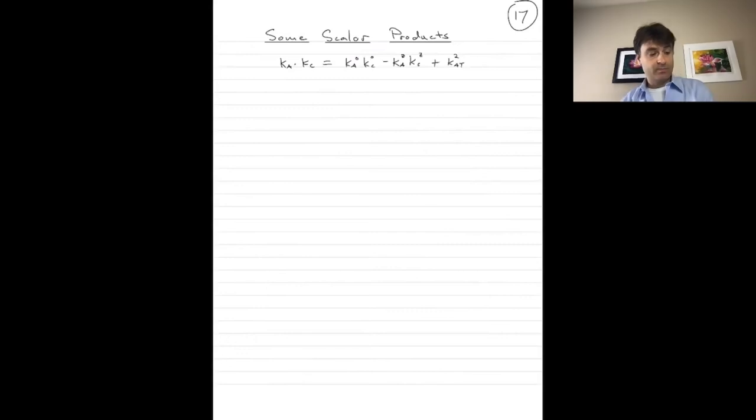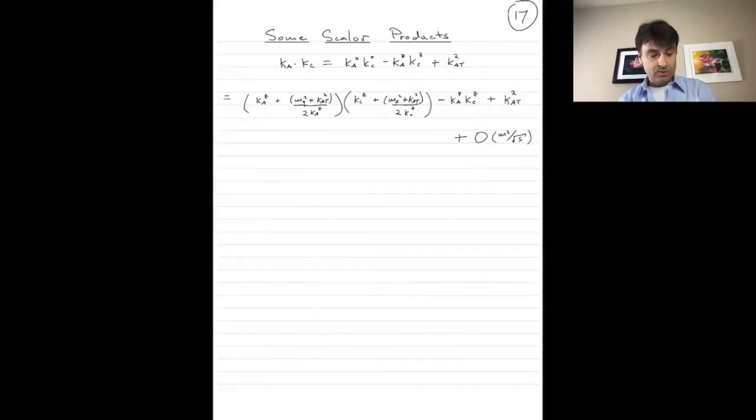So for example, I'm probably going to encounter Ka dotted into Kc, the scalar product of those two outgoing particles in the jet. Here's just the definition of the scalar product. Note that I have, instead of negative Kat dotted into Kct, since Kct is equal to negative of Kat, that just becomes plus Kat squared.